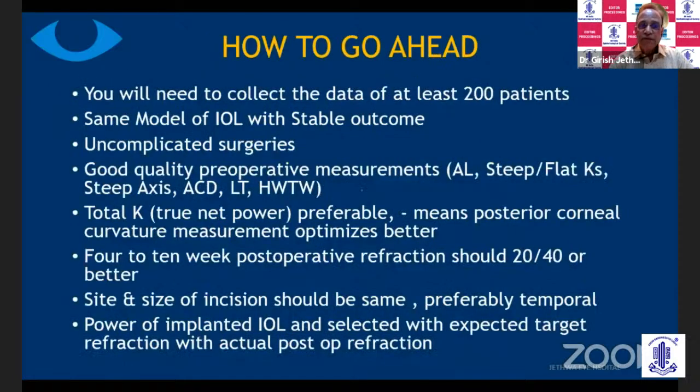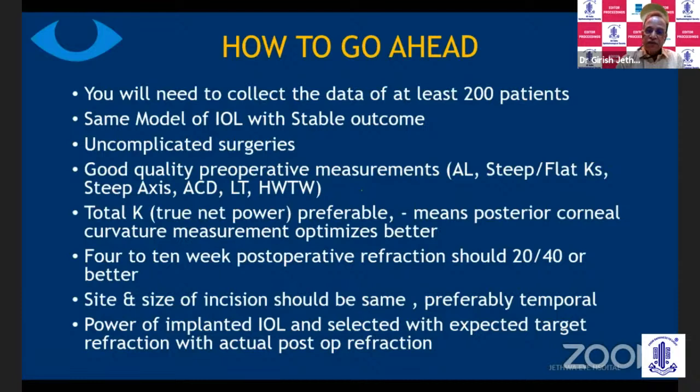Now, how to go ahead with this optimization? We need to collect data of about 200 patients, same model of the IOL, uncomplicated surgeries, good quality preoperative measurements, and as I said earlier, the total K or true net power, which means the posterior corneal curvature measurements, optimizes better. The 4 to 10 week postoperative refraction should be 6.9 or 6.6 in all cases.